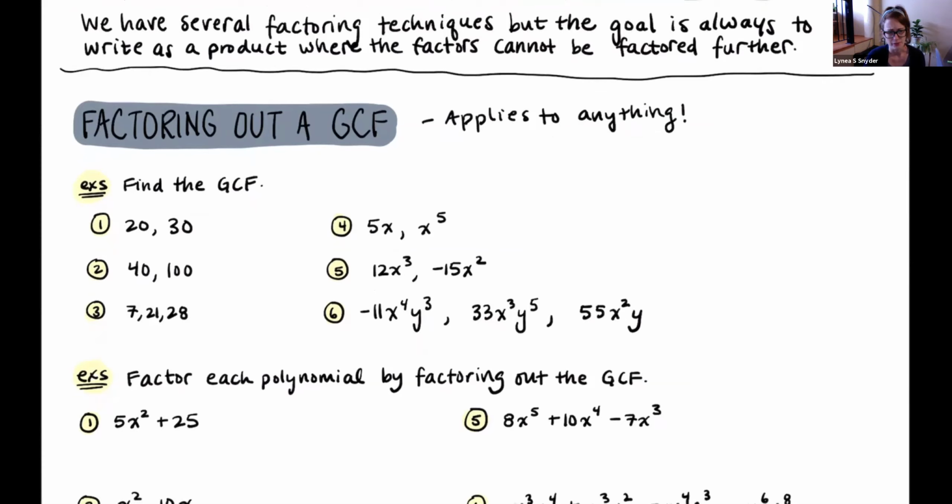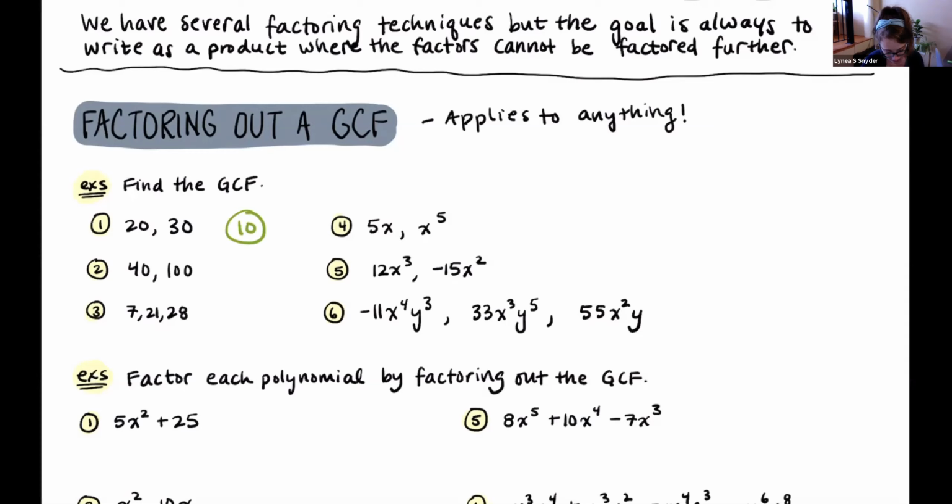I mean, we could list all of our factors here, but sometimes you can kind of reason through it. So, right, 10 goes into both 20 and 30. The only largest thing larger than 10 that goes into 20 would be 20, but that doesn't go into 30, right? So 10 will be the greatest common factor here.